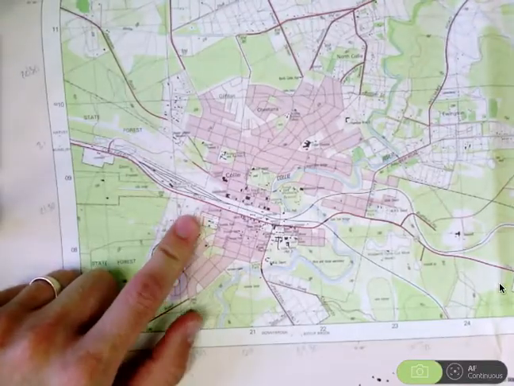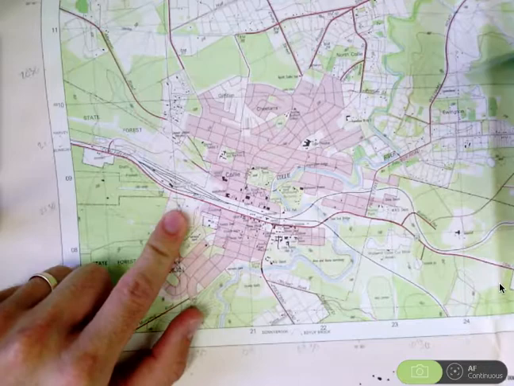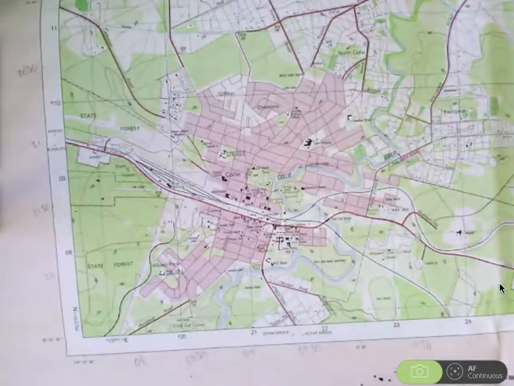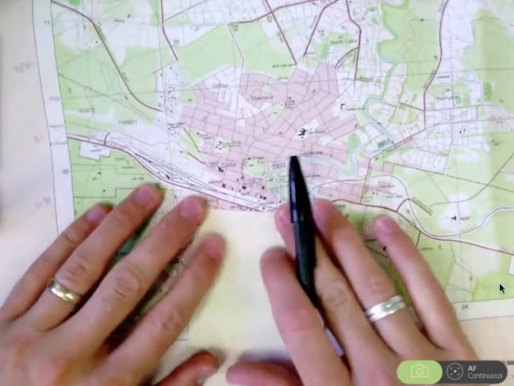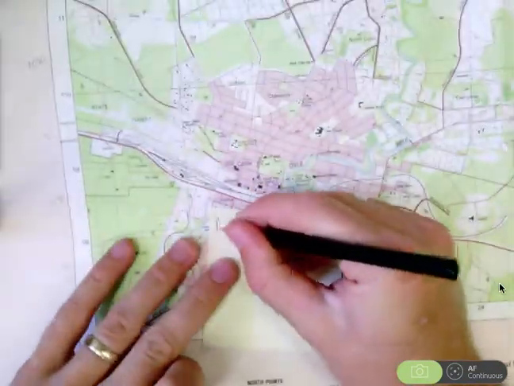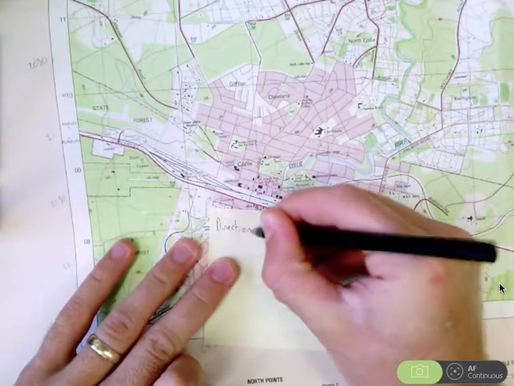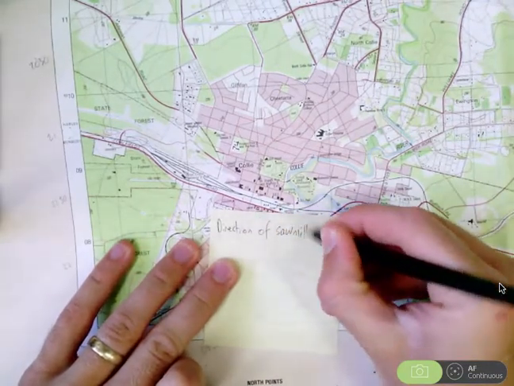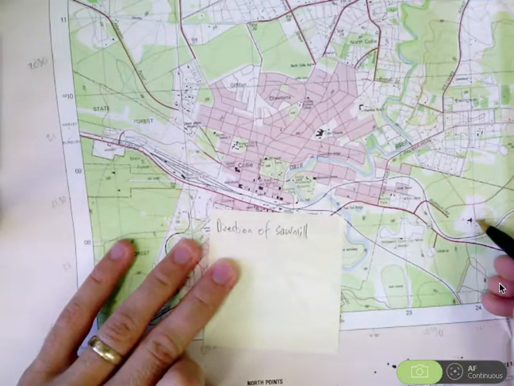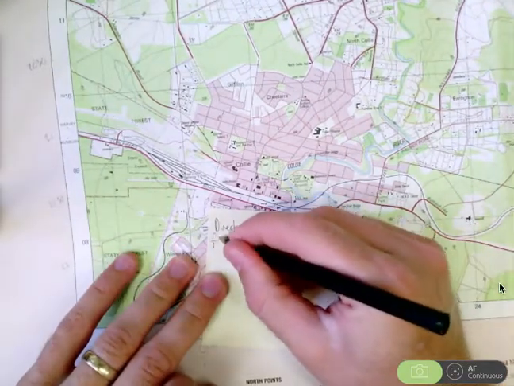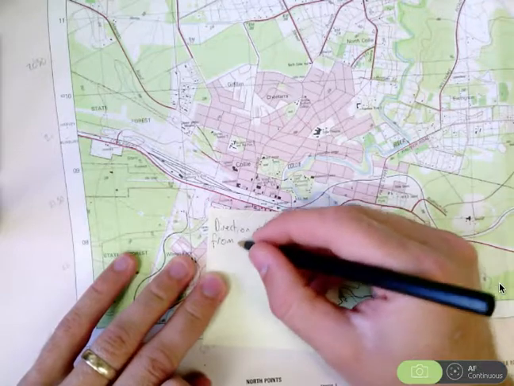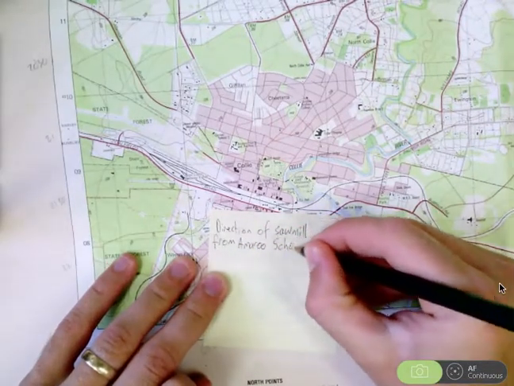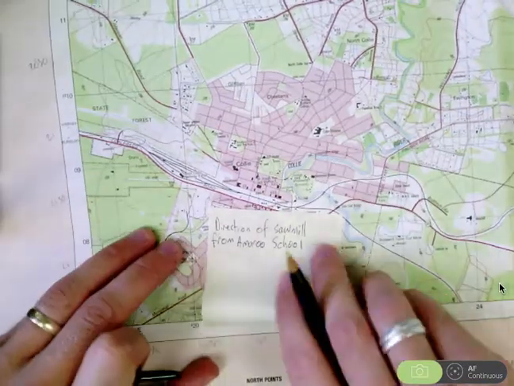Now, just a couple of examples for the direction questions. Say, for example, we're being asked the direction of the sawmill, which is over here, from Amaru School, which is over here.